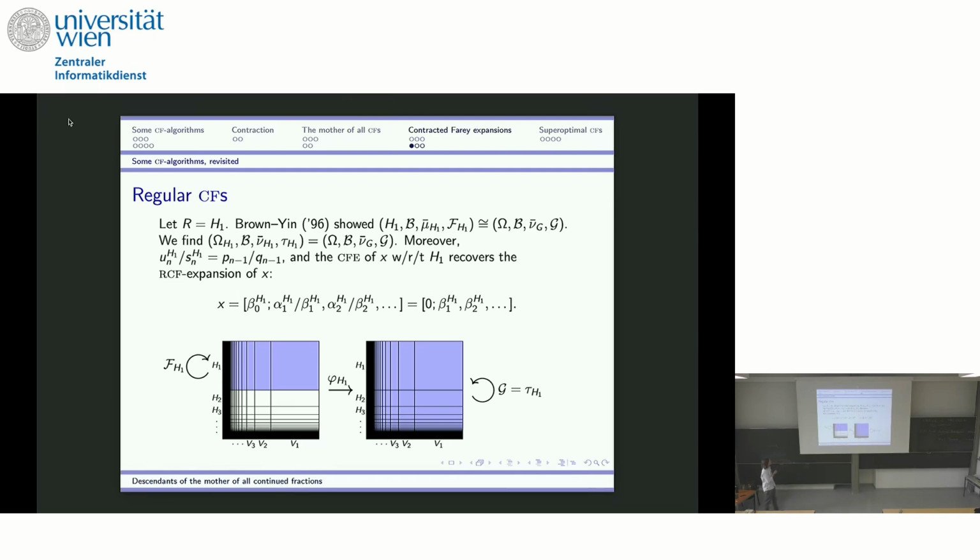Moreover, the subsequence of convergence that we're picking out with this subregion, if we apply the slow Farey natural extension map and pick out the subsequence where we land in H1, is precisely the regular continued fraction convergence of X, and the contracted Farey expansion of X actually recovers the regular continued fraction expansion of X. So everything works as you would expect based on the Brown and Yin result.